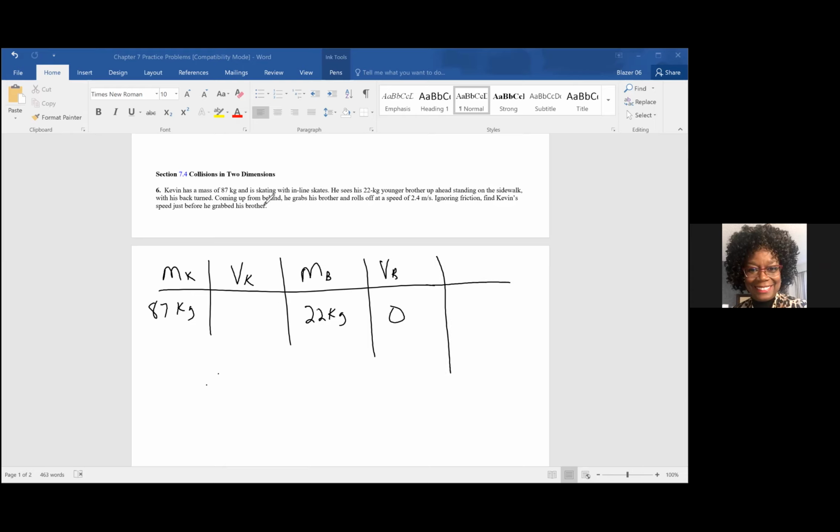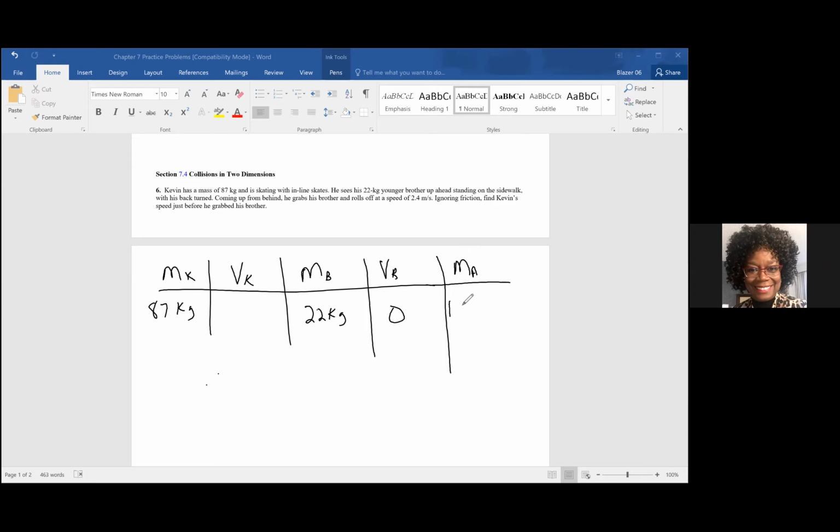Coming up from behind, he grabs his brother and rolls off with a speed of. So he grabs his brother, which means then that becomes 1 mass. So this is my new mass. I'm going to call this mass after the collision. I can call it anything. But that mass will be Kevin plus his brother. So 87 plus 22, that's what, 109.